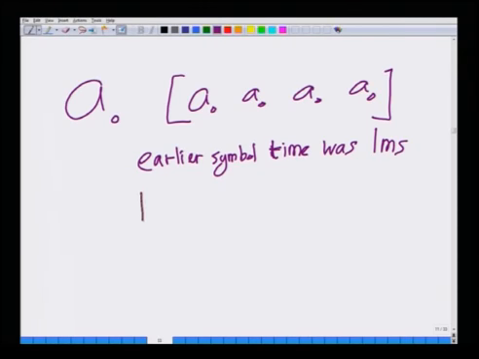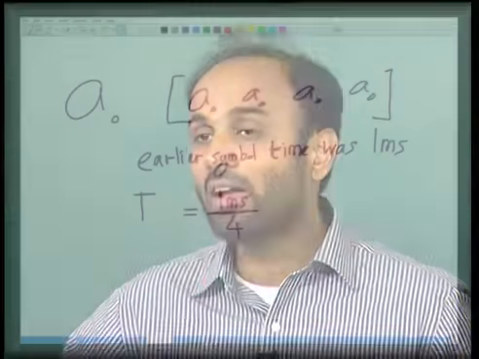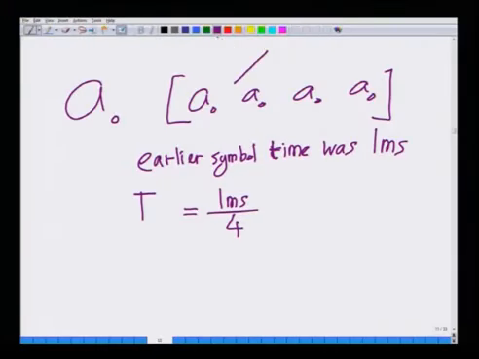So, now the time that I need is 1 millisecond over 4, because now each symbol is splitting into 4 symbols. If I want to keep the symbol rate at 1 kilobit per second, I need to transmit each of these sub symbols in a shorter time. In fact, these sub symbols have a name. These are known as chips.